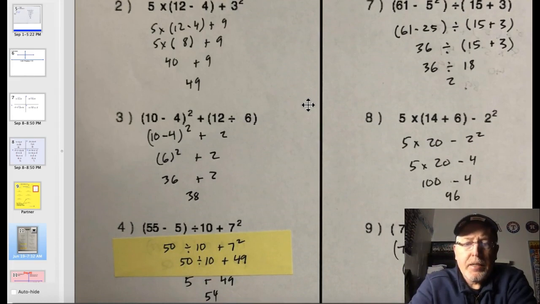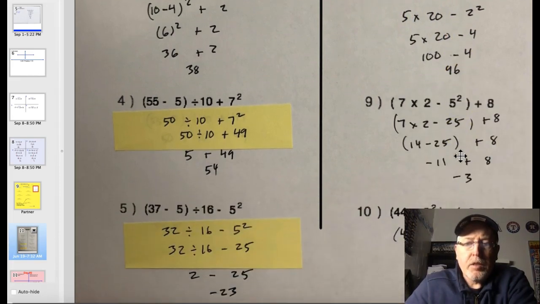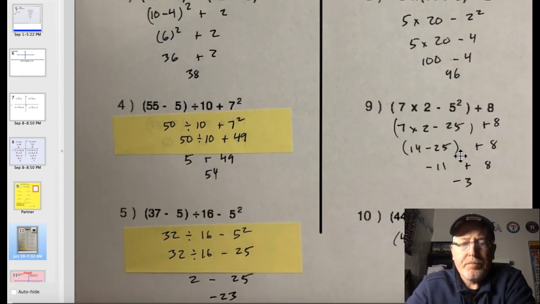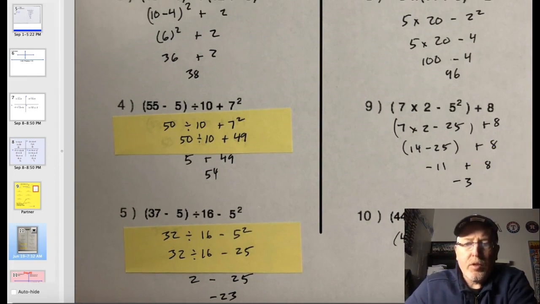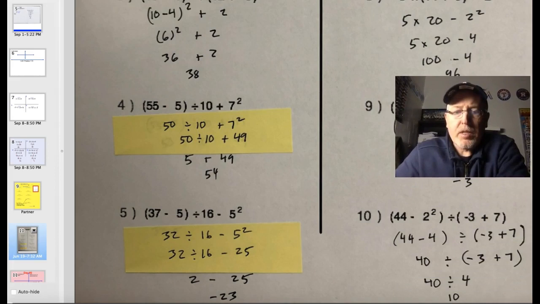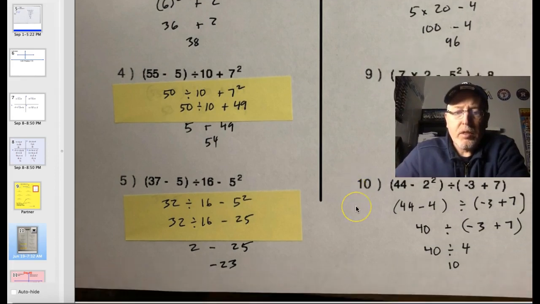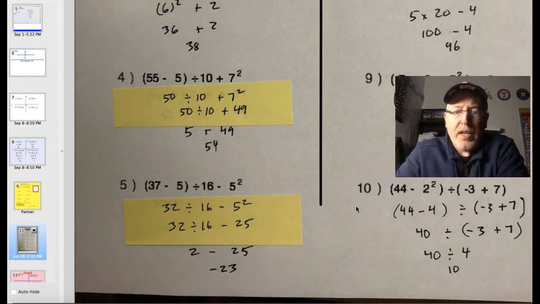Problems 3 and 8. Got 4 and 9 here. First negative one over there at 9, and then I'll just slide myself up here, and you can see 9, 5, and 10.